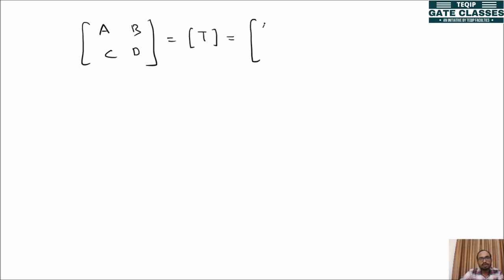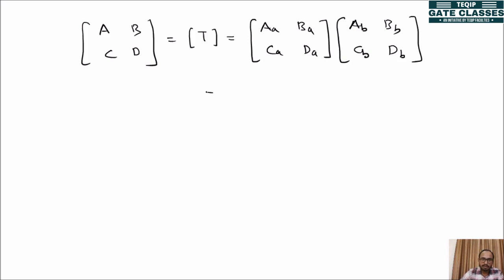So we can write in cascaded connection, the ABCD, or simply the transmission parameters, will be equal to AA, BA, CA, DA multiplied by AB, BB, CB and DB, or you can write T is equal to TA multiplied by TB.